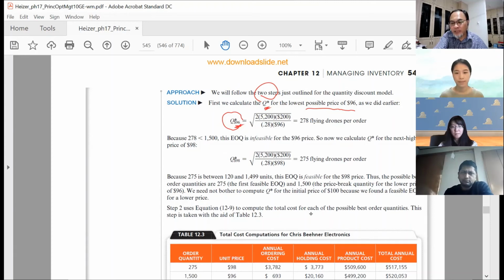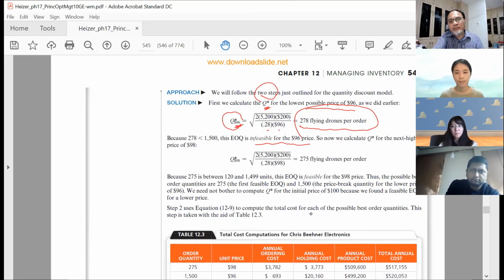Remember, it is actually I multiplied by P, the price. For $96, the Q star is 278. Because 278 is less than 1,500, this EOQ is not feasible for the 96 price.